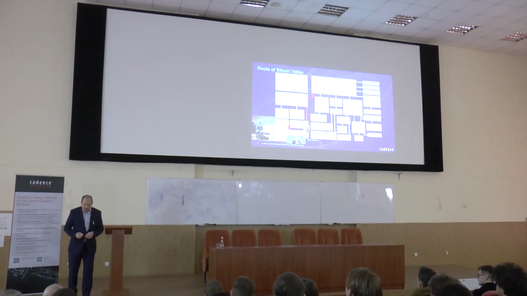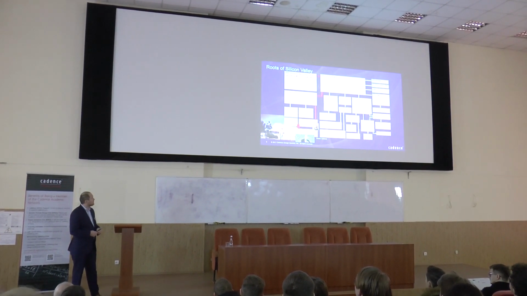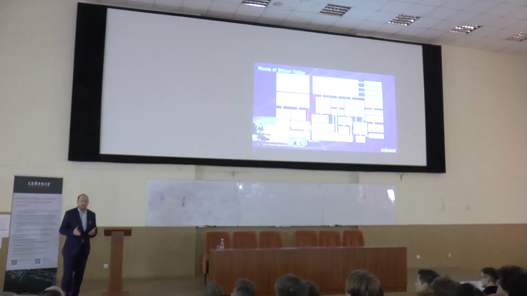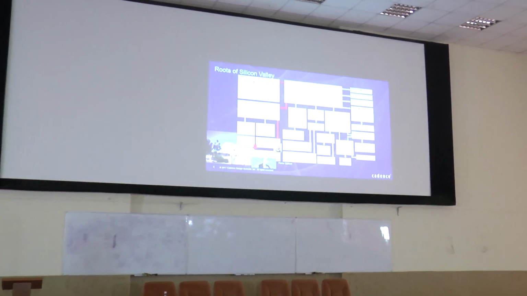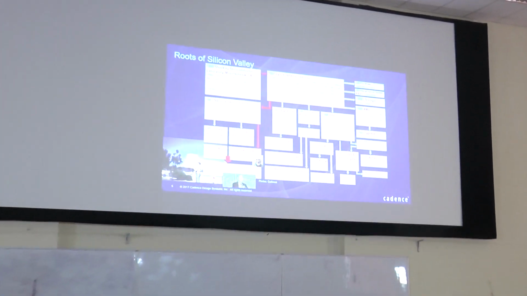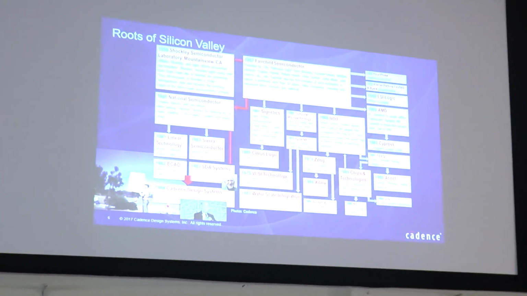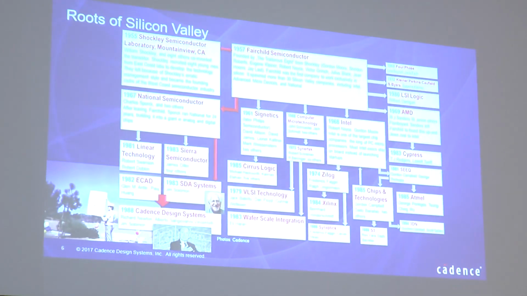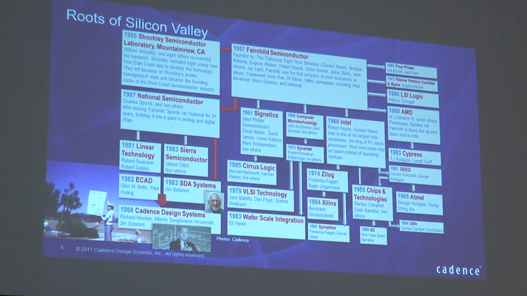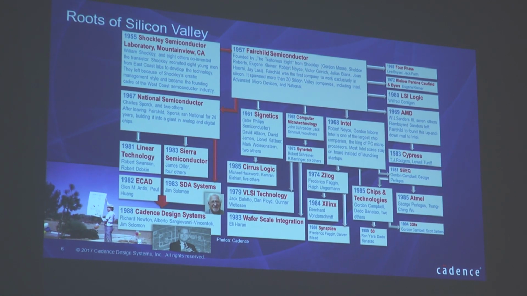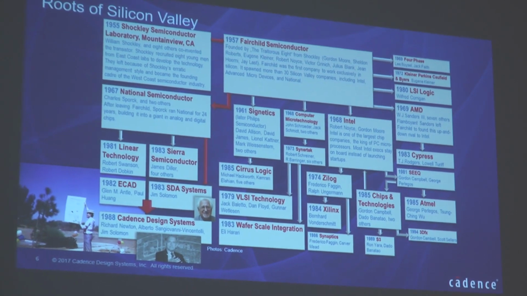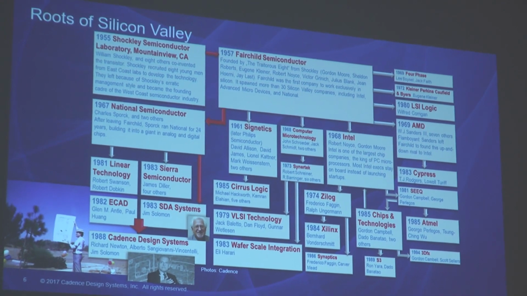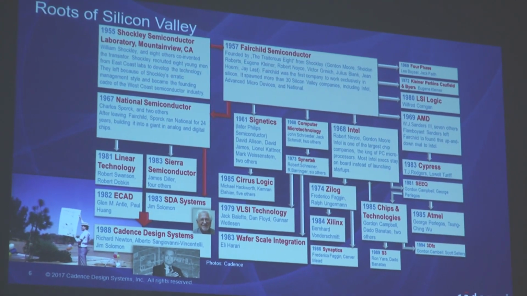Then a bit of history. Silicon Valley, as you all know, is basically where all the microelectronics started. In 1955, at Shockley Semiconductors, the transistor was invented. Then 8 engineers from Shockley Semiconductors founded a company called Fairchild.